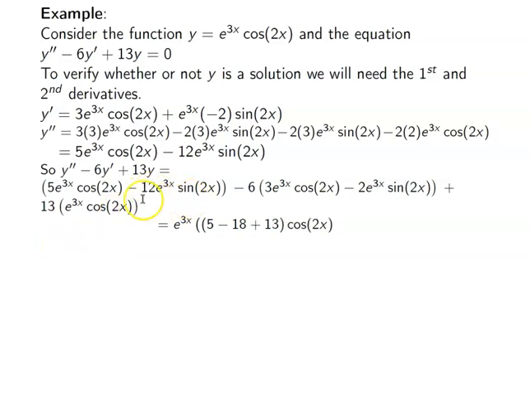For my sines, I have -12. I have -2, oh, I'm sorry, times 6, so +12. And that's it for my sines. So now I can say there's 0. 5 minus 18 is -13 plus 13 is 0. -12 and 12 is 0.